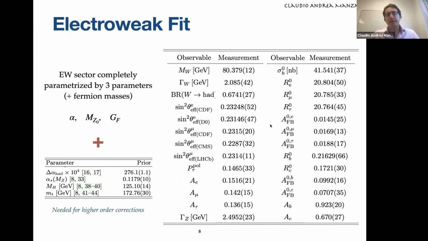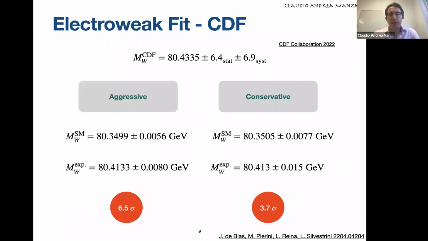But what is most important here to say is that this tension in MW was notably increased by the last determination from the CDF collaboration at the very beginning of this year.